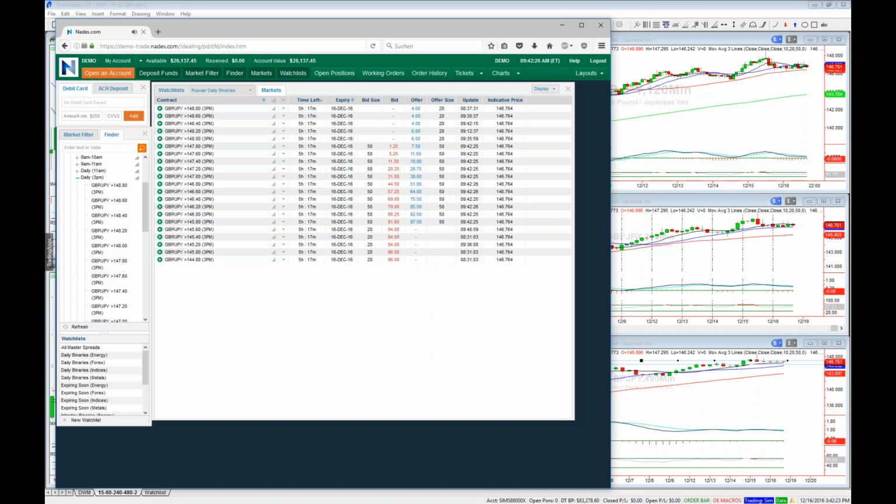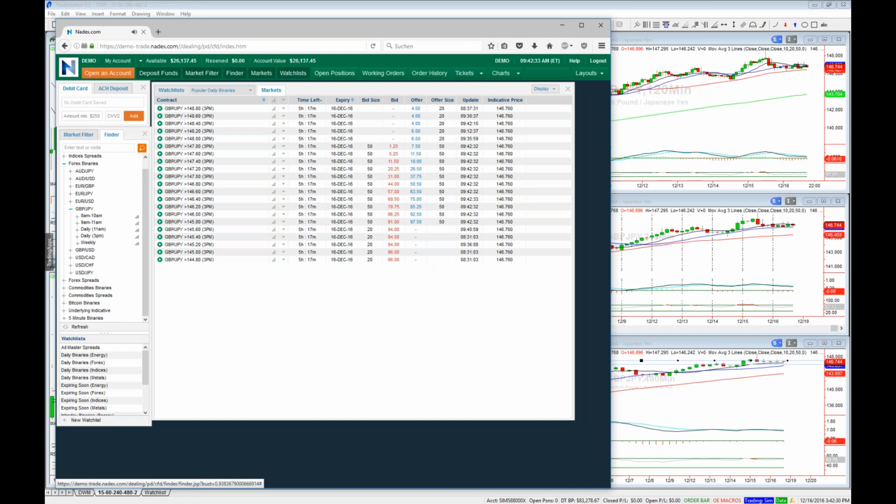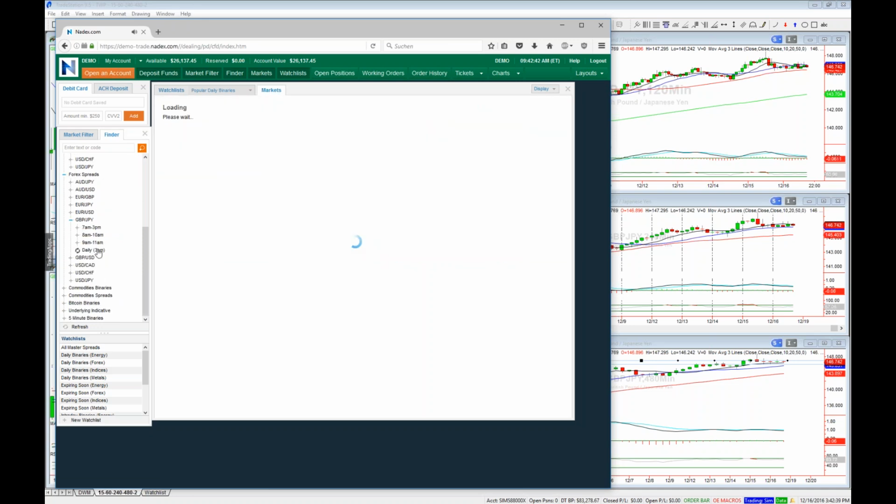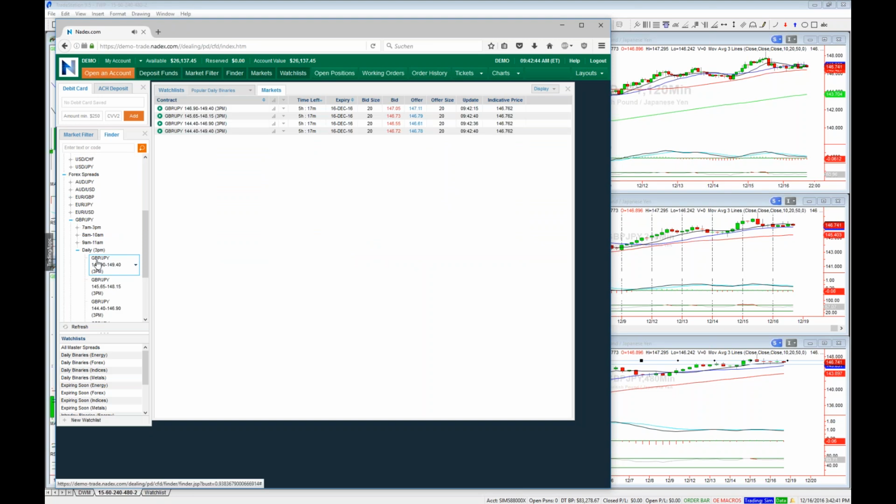But why always look just at binaries? We could of course also be looking at spreads. Let's have a look at our spreads here, at British pound, Japanese yen, and we're looking at the daily here. Spreads are a little bit different from binaries.